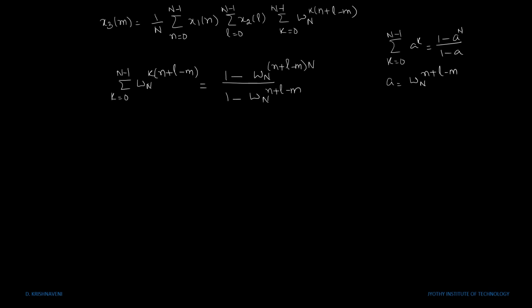Now W_N to the power of anything into capital N is 1, so 1 minus 1 we will get a 0.